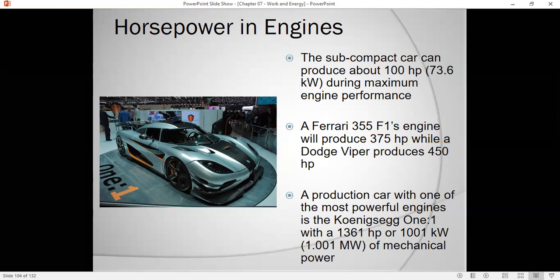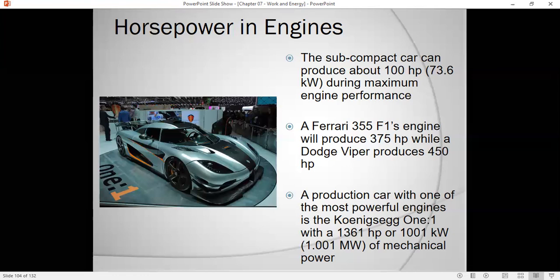Now, when we say production cars, we're sort of lying, because some of these really high-end production cars are actually mostly handmade. Bugatti makes these multi-million-dollar cars. The Koenigsegg One also has a very high price.